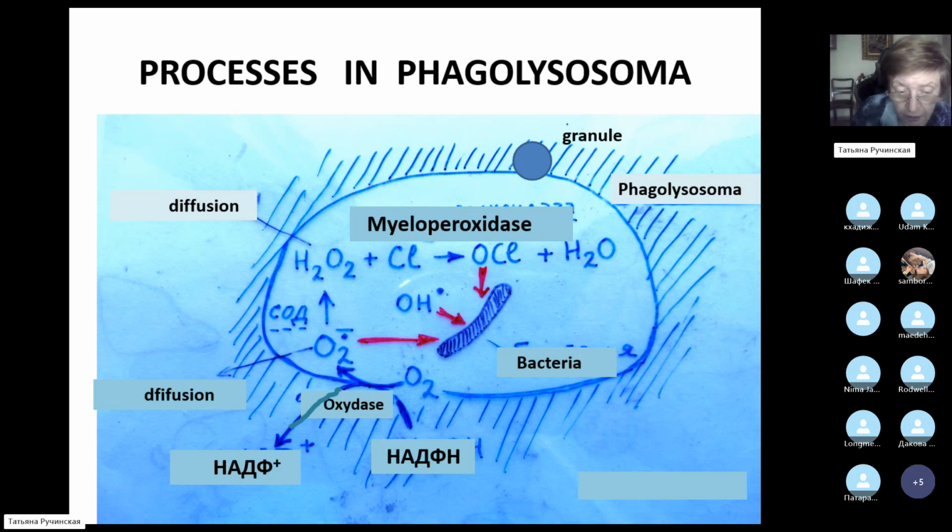And you see, NADPH appears when restored. This transporter gives the hydrogen, gives the electron to oxygen, and this forms the free radical, you see.